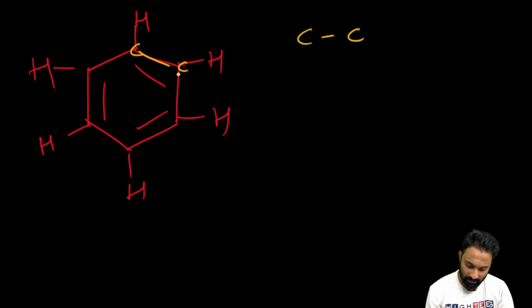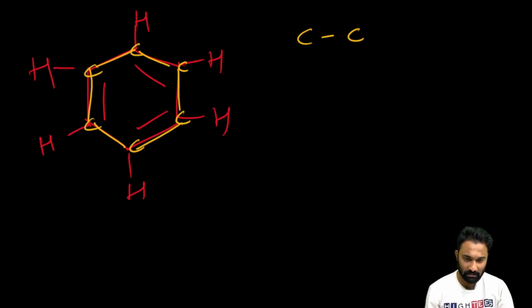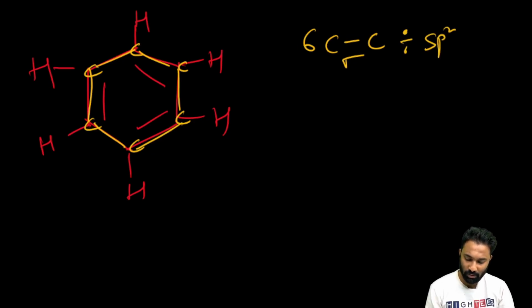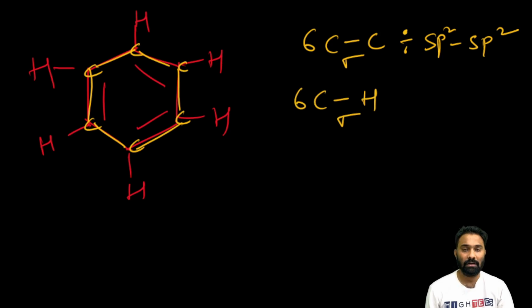Carbon sigma carbon, carbon sigma carbon, carbon sigma carbon, carbon sigma carbon, carbon sigma carbon, carbon sigma carbon. Total 6 carbon-carbon sigma bonds we are having, right? These are formed by the overlapping of sp2 and sp2. Next, the carbon-hydrogen sigma bond is formed by the overlapping of which one? sp2 and s, sp2 and s.